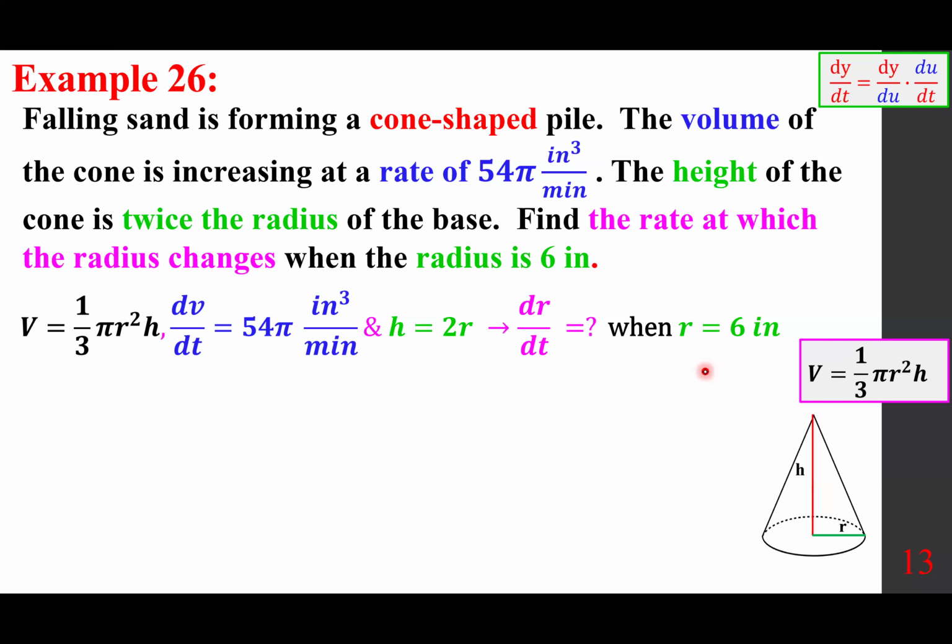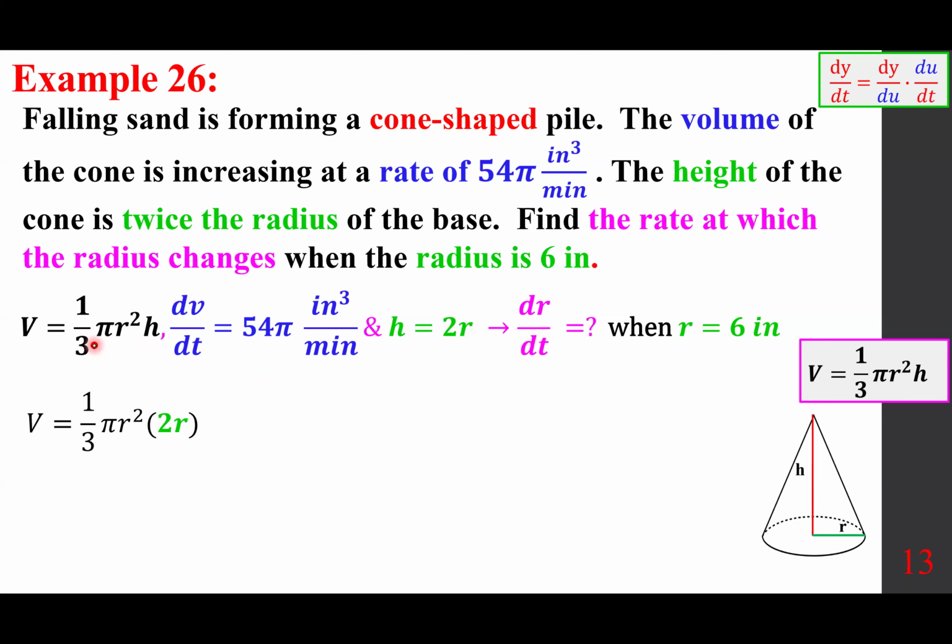Now, we have two variables here, r and h. To make it into one variable, we use the fact h equals 2r. So we are going to replace the h. By the way, depending upon what you want, because you want dr/dt, you want to make this a function of r. If the question was dh/dt, then you would replace the r. r is h over 2, by the way.